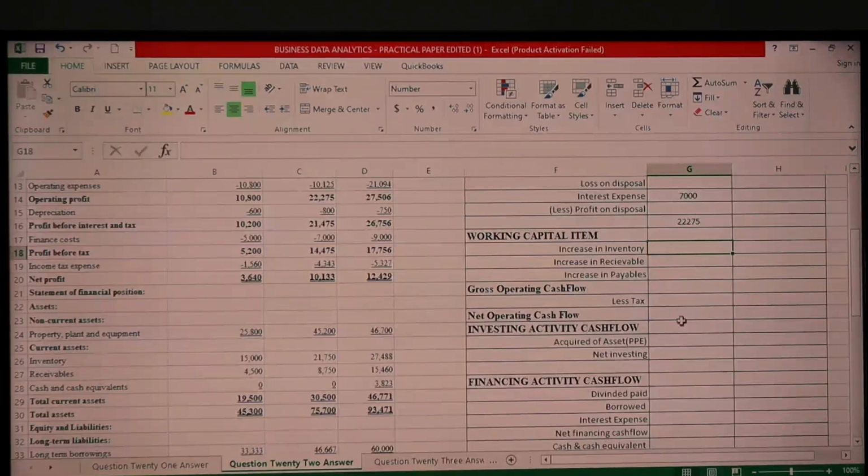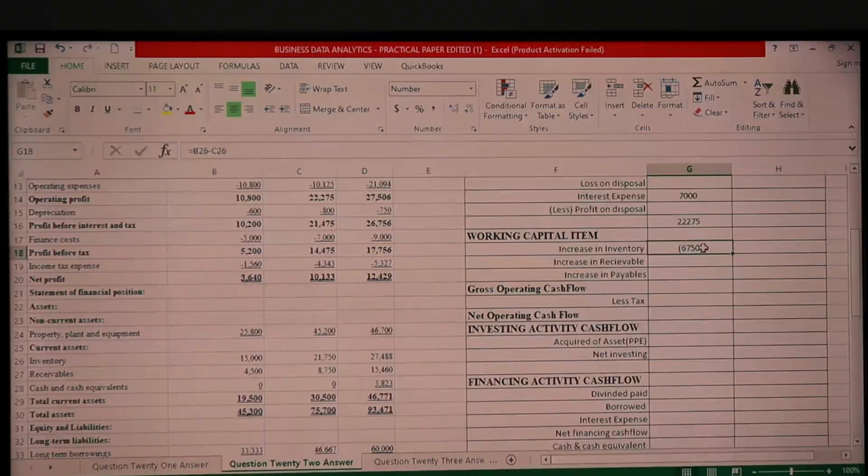You say is equal to the inventory of 2020 minus the inventory of 2021, and it will get that amount here, increase in inventory.